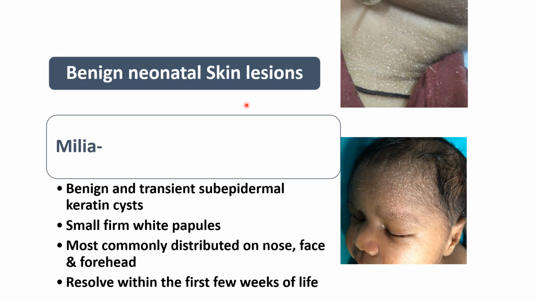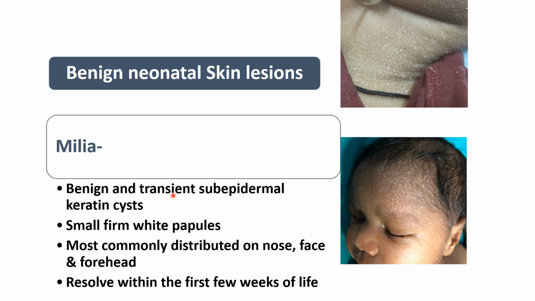Another benign neonatal skin lesion is milia. So here in this image you can see the characteristic lesions present over the forehead. These are firm white papules without any erythema present over the forehead. Similar lesions are also present over the neck and face area.